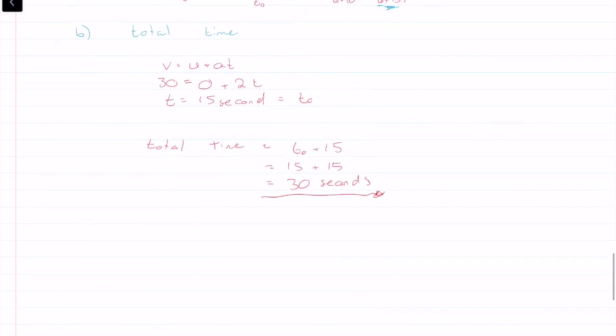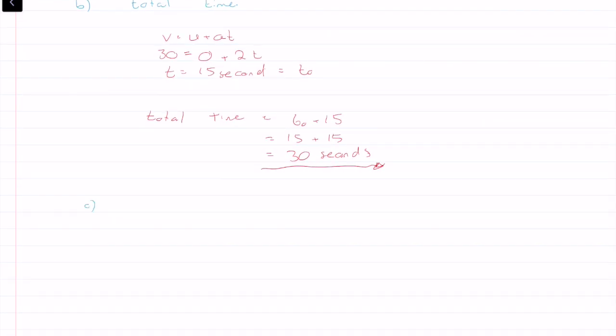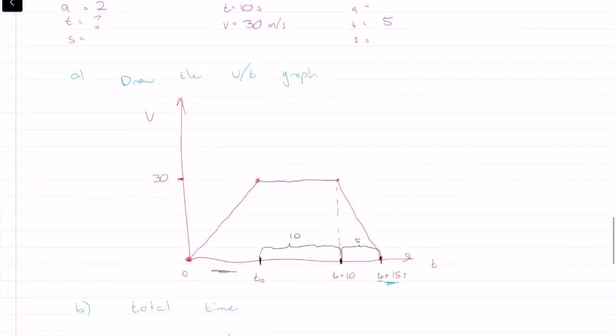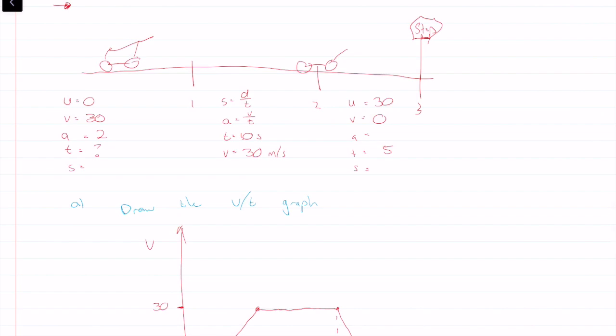So the next part of the question says, calculate the total displacement. How are we going to do this? We could use UVATS here, get that displacement right here, use this equation to get that, so that's S1, S2, and S3, use UVATS to get all that.